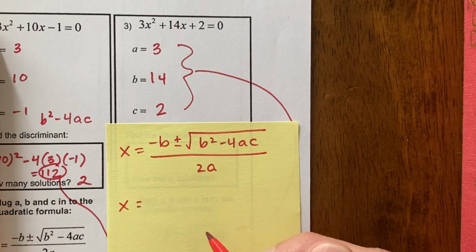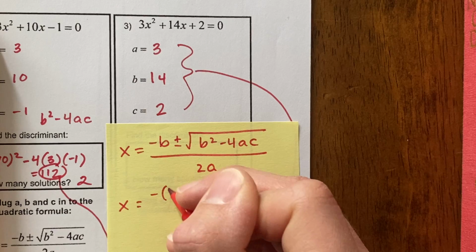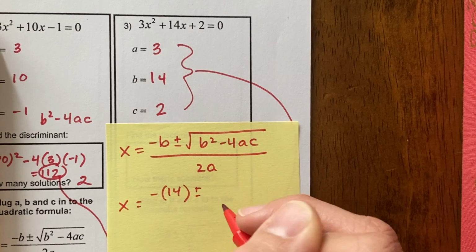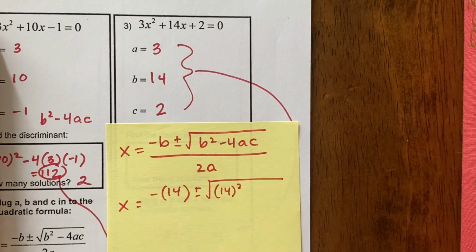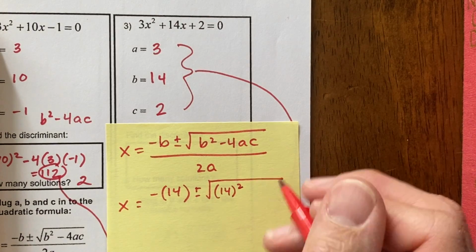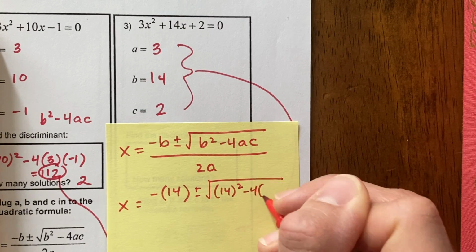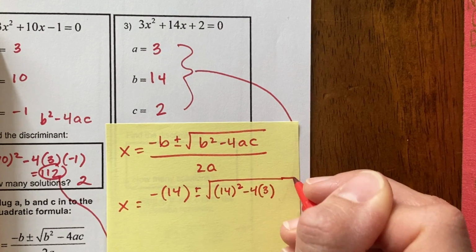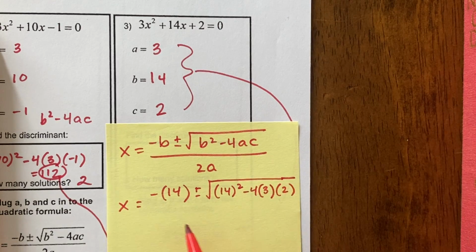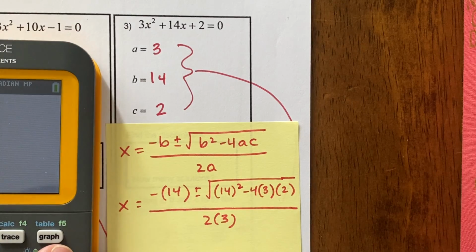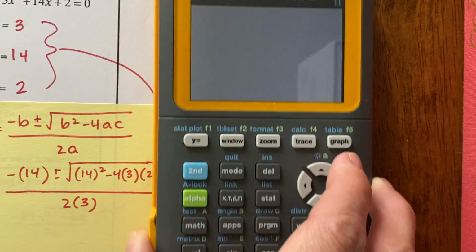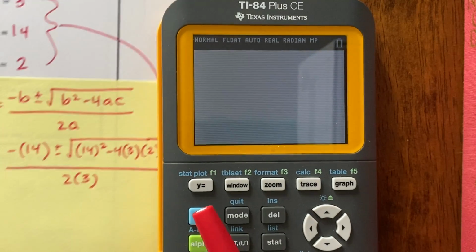So x equals the opposite of b, so negative 14, plus or minus the square root of b squared, so 14, remember this has to be in parentheses, squared, minus 4 times a, which is 3, times c, which is 2, all over 2 times a, which is 3. So if you want to, you can plug all of that into your calculator as is, rather than finding the discriminant. Just be super careful with it, okay?